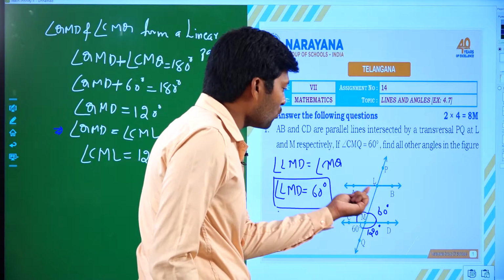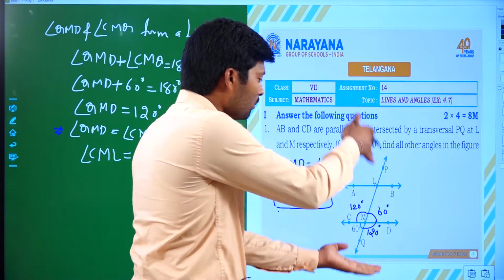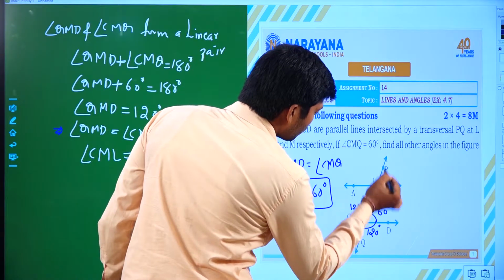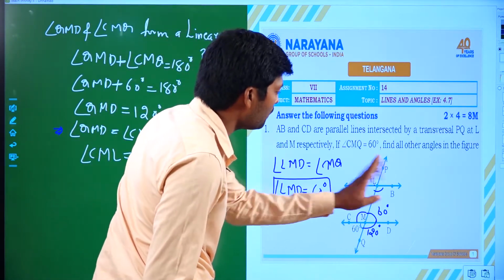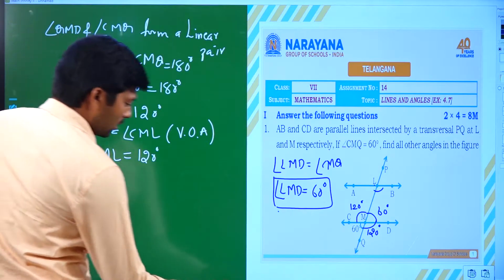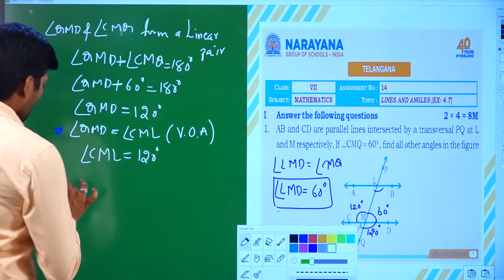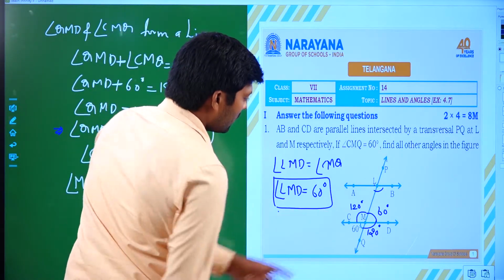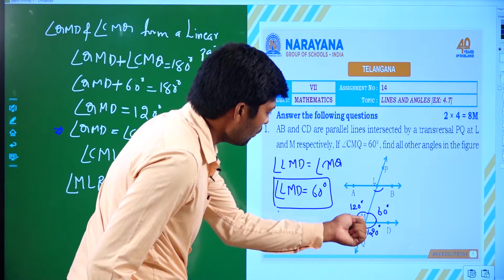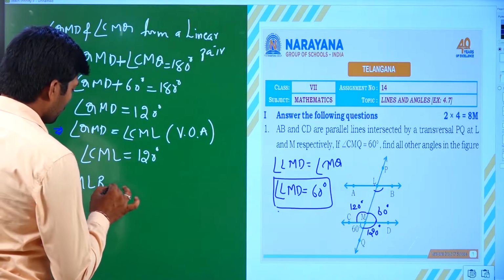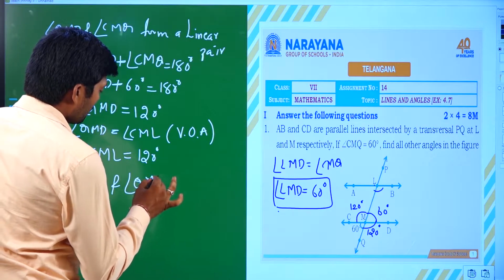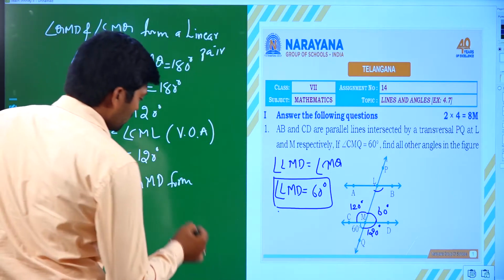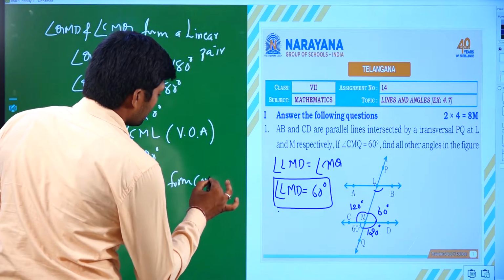Now we need to find the remaining four angles, because line PQ acts as a transversal. So what about angle MLB? Angle MLB and angle QMD form corresponding angles.